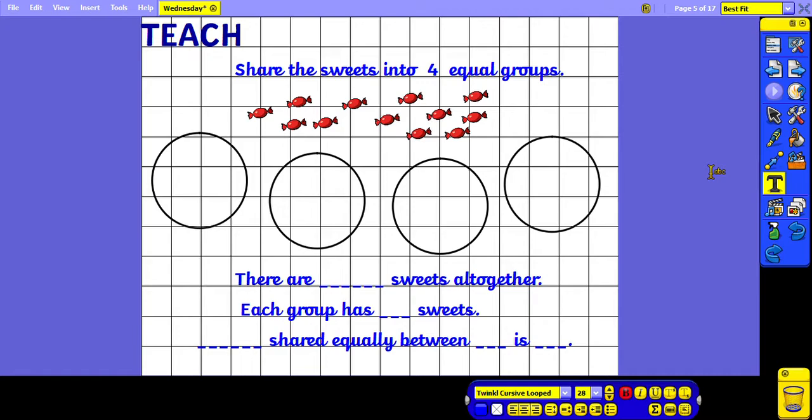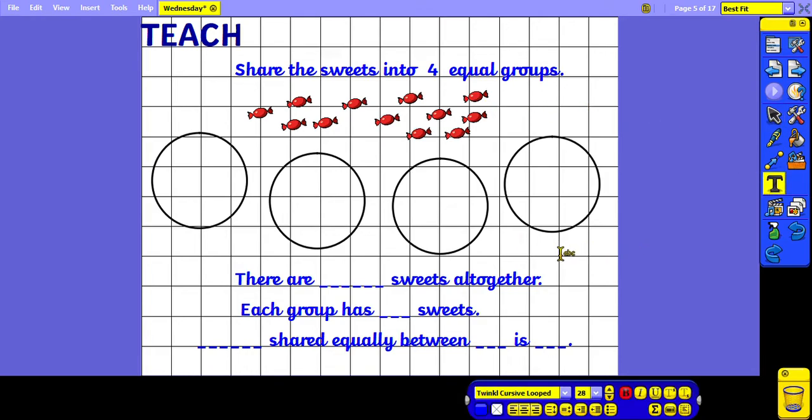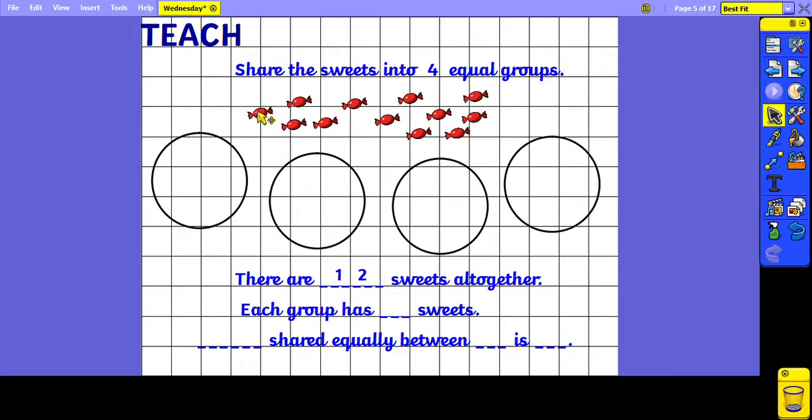This time we are sharing some sweets into 4 equal groups. So we need to work out how many sweets we're starting off with. So we've got 1, 2, 3, 4, 5, 6, 7, 8, 9, 10, 11, 12. So we've got 12 sweets all together. And we are sharing them into 4 equal groups.